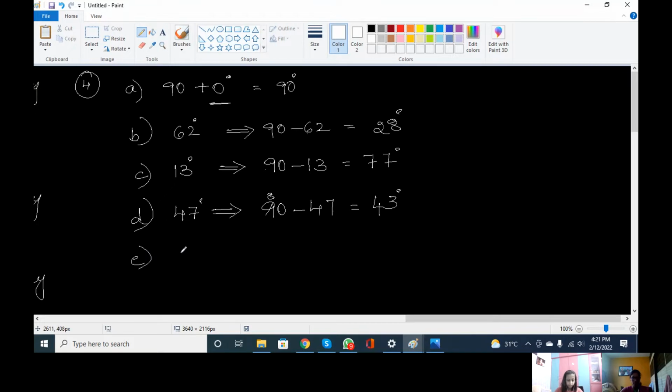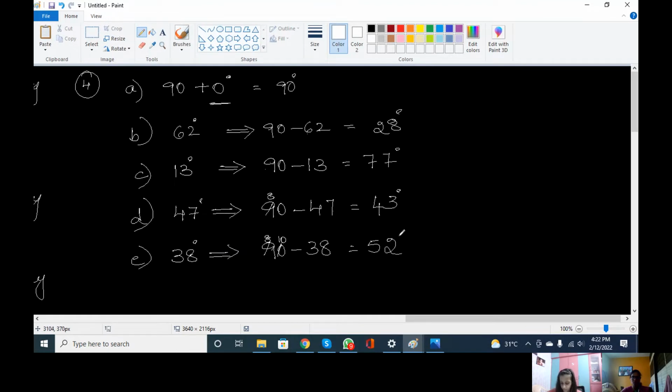Next, E. 38 degrees. So 90 minus 38 degrees. How much? It is 52. 10 minus 8 is 2. 8 minus 3 is 5.